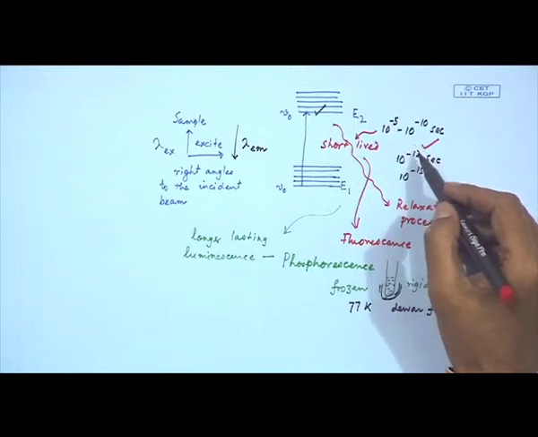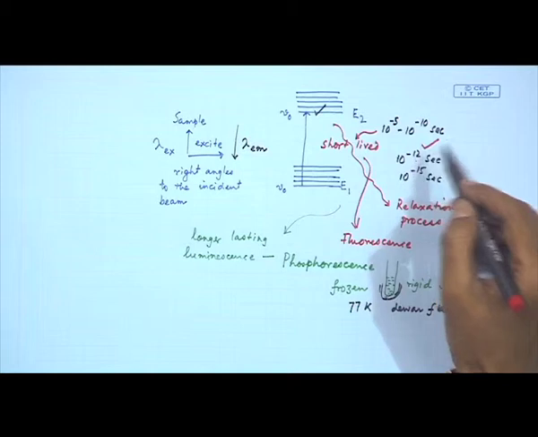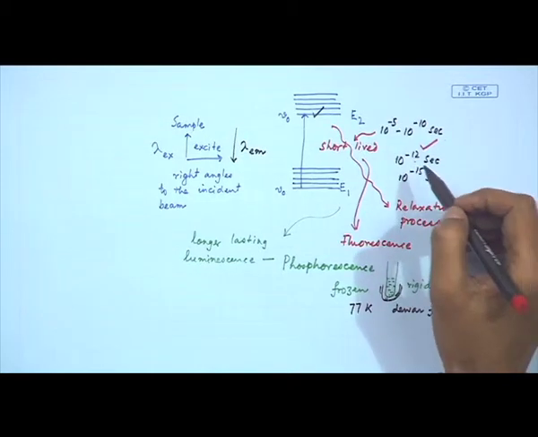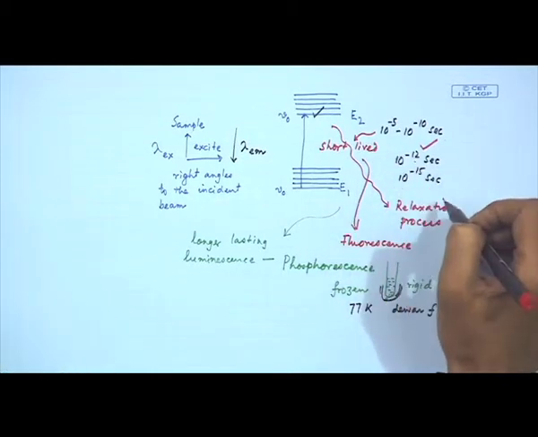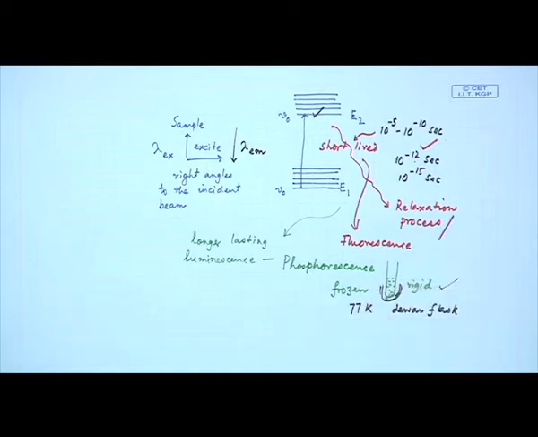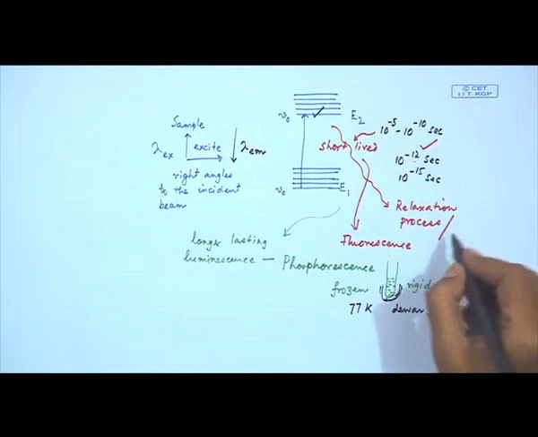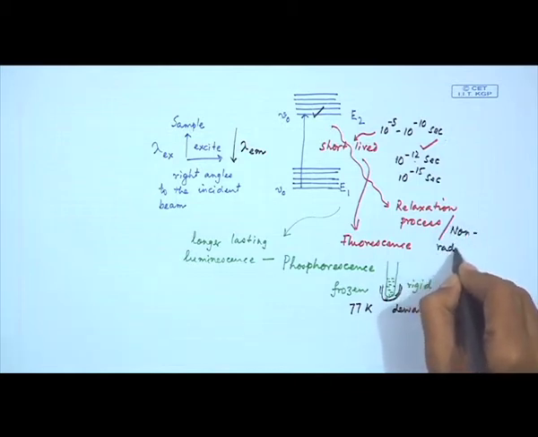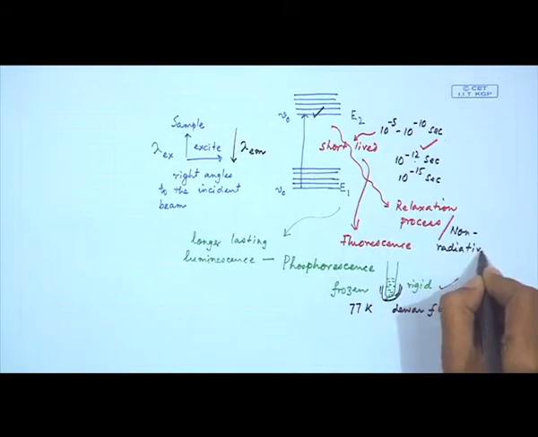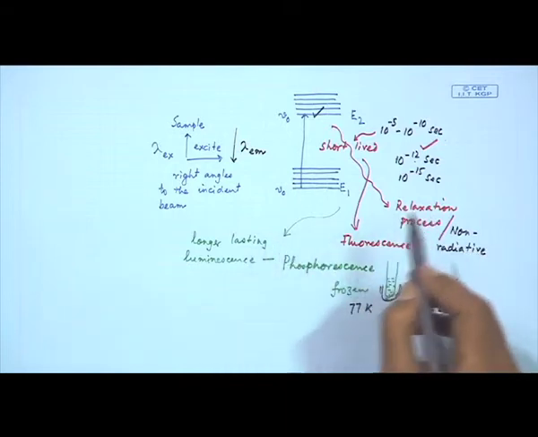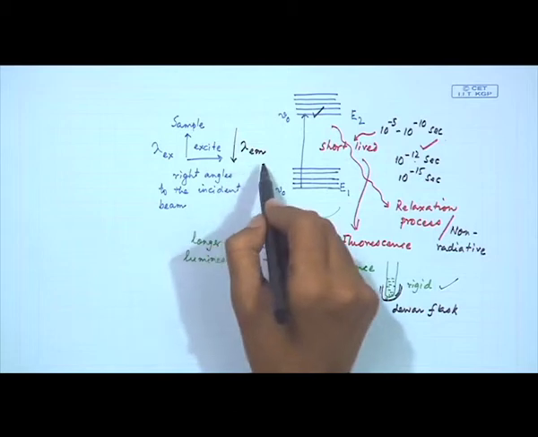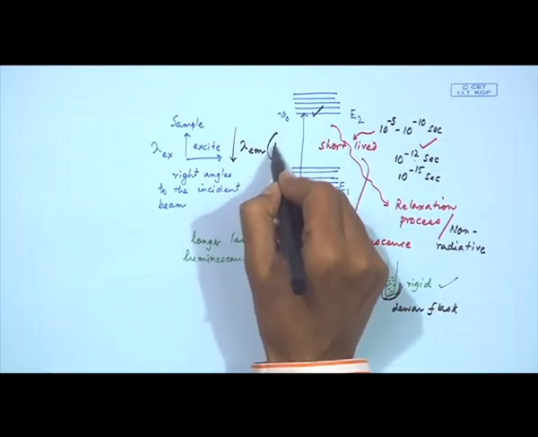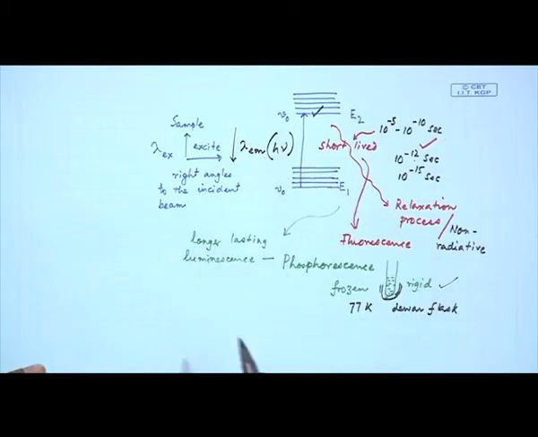So, that is basically giving rise to something where we see this particular process, if it is a non-radiative relaxation process, we will not be able to get the corresponding emission spectrum in terms of the emission of h nu.